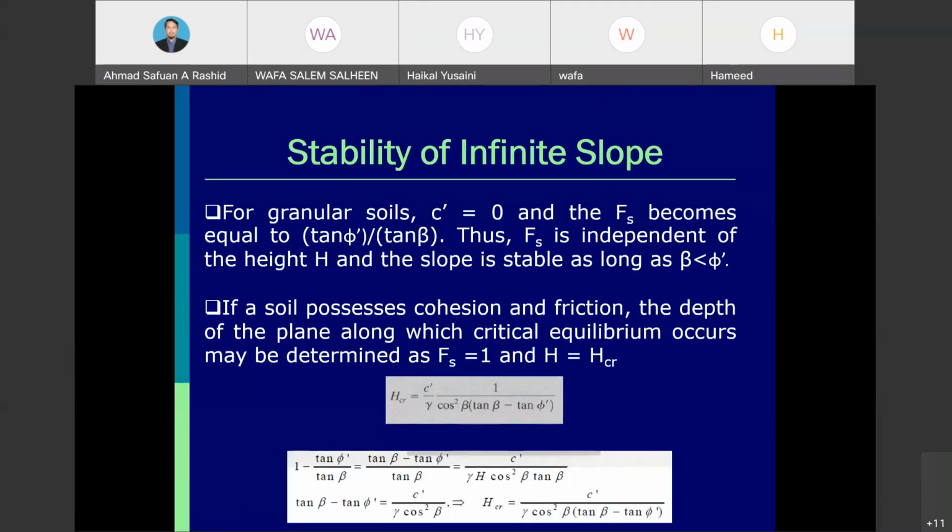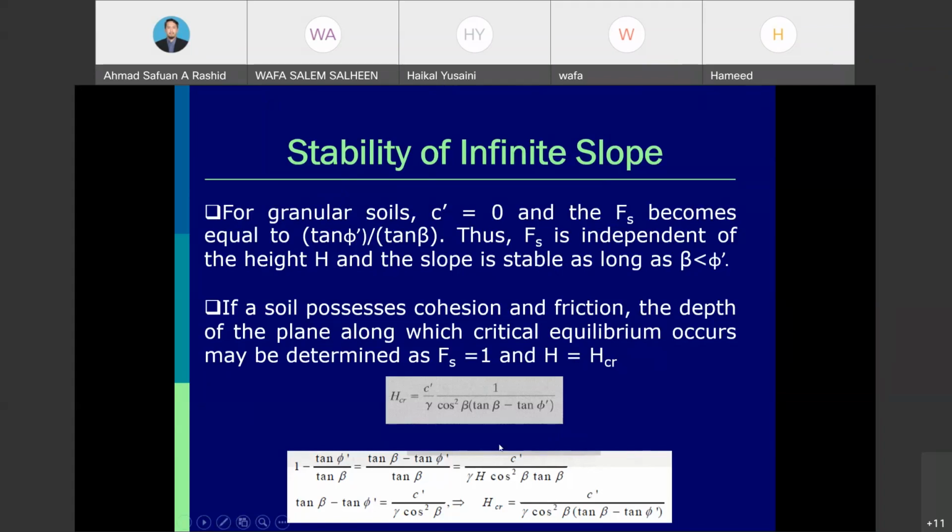I guess it is similar to the equation derived in Dr. Kamarudin's example: 30 over 17 cos 25 times tangent 25 minus tangent 20. So the answer is 20.99. Yes, doctor, 20.99.